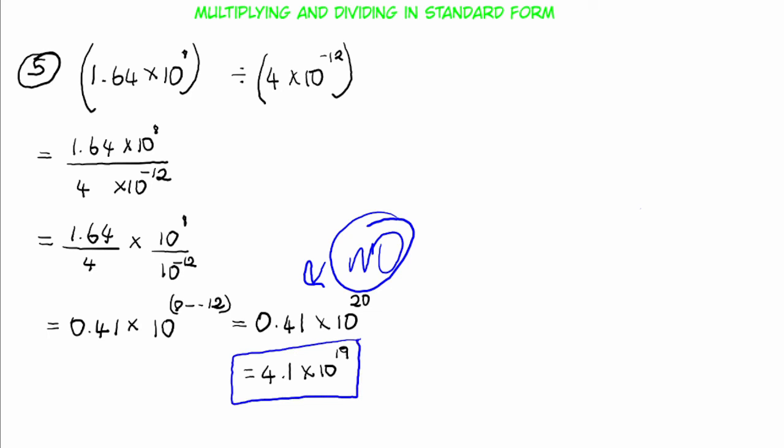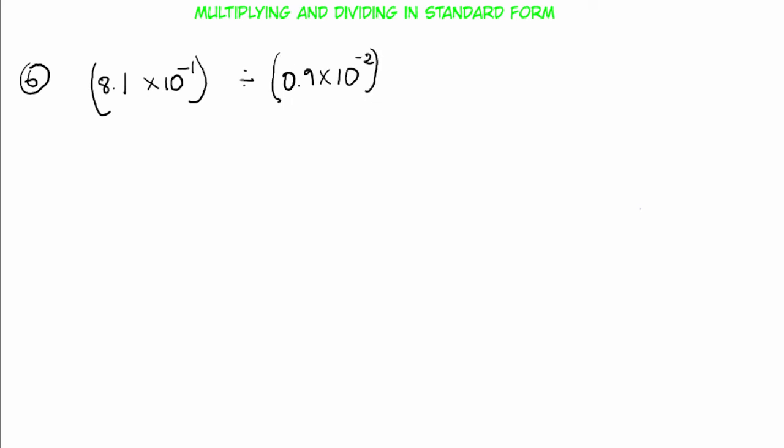Let's look at our very last example. 8.1 times 10 to the negative 1 power divided by 0.9 times 10 to the negative 2 power.